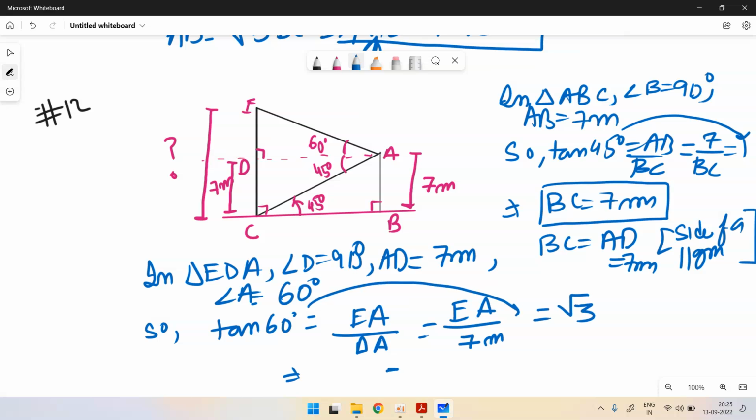Solving this, ED equals 7 root 3 meters. Now DC you already know, and ED you have calculated.